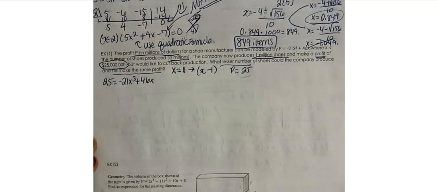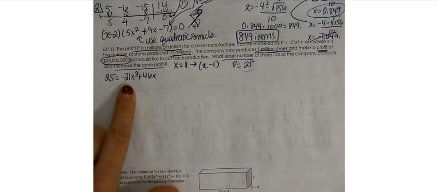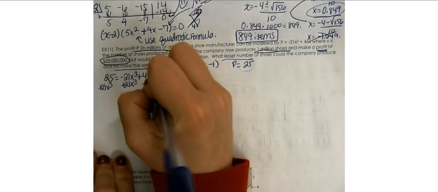Now I'm going to replace P in my function, and I'm going to write 25 is equal to negative 21x cubed plus 46x. I don't like it when my leading term is negative, so I'm going to add 21x cubed to both sides, and I'm going to subtract 46x from both sides.